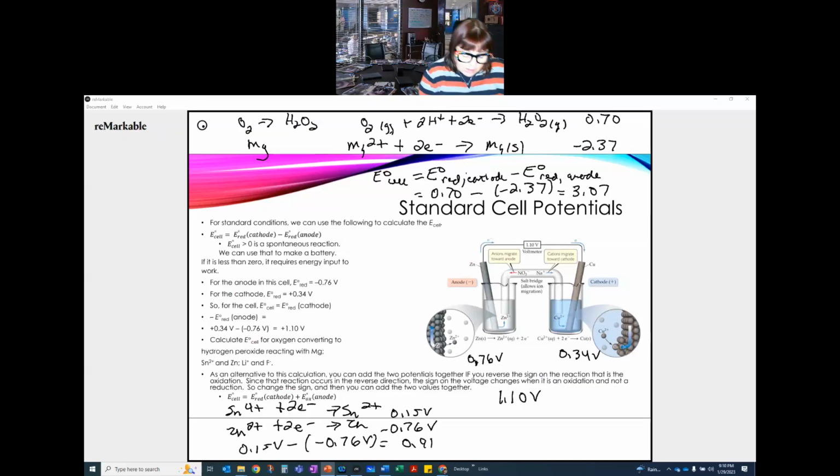Okay. So F2 plus 2e- goes to F-, and that's 2.87. And if I look all the way at the bottom, I see that Li+ plus an electron gives me Li solid, and that's -3.04. Now it does say that we want to react Li+ and F-.